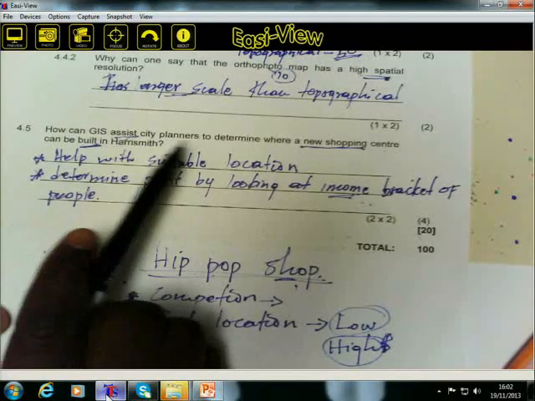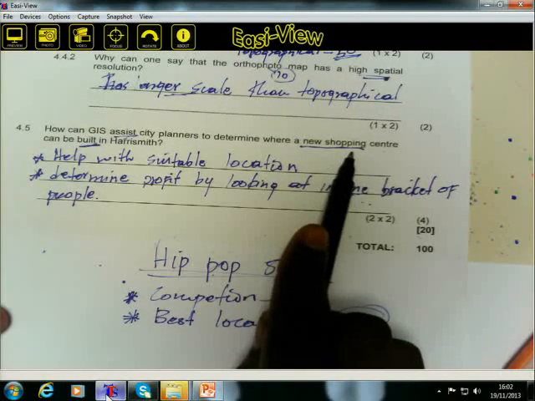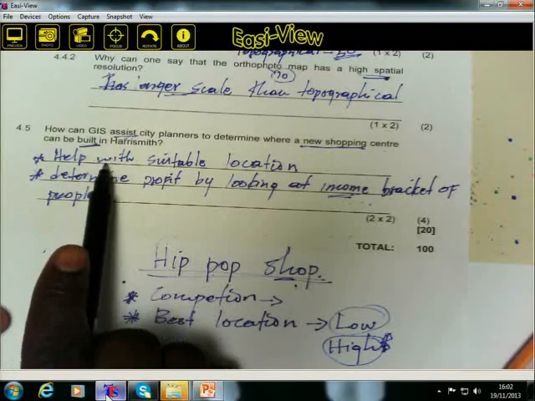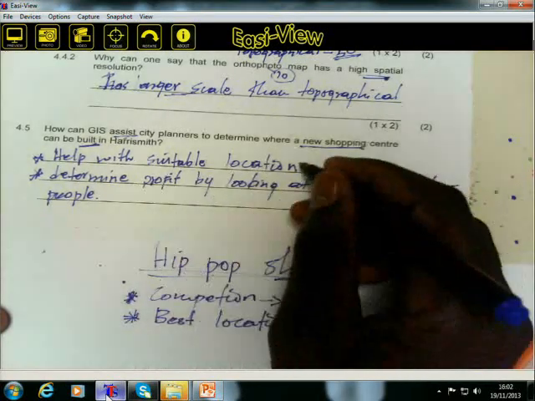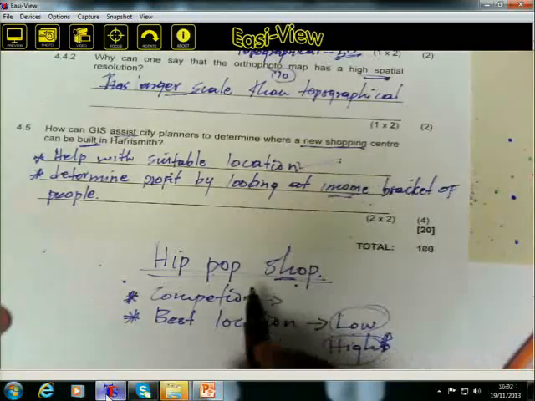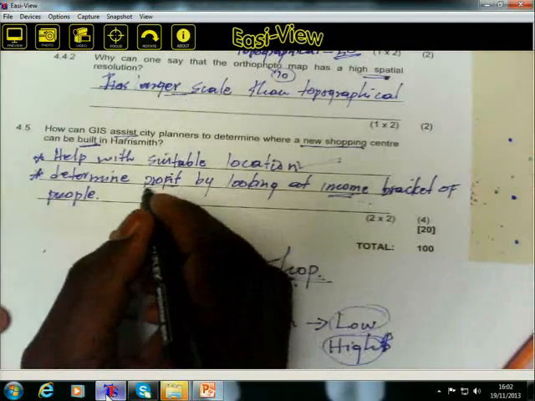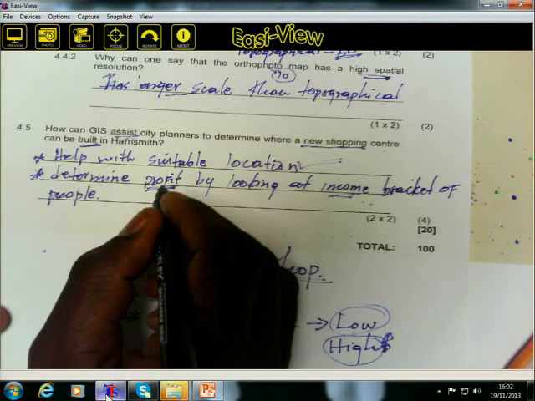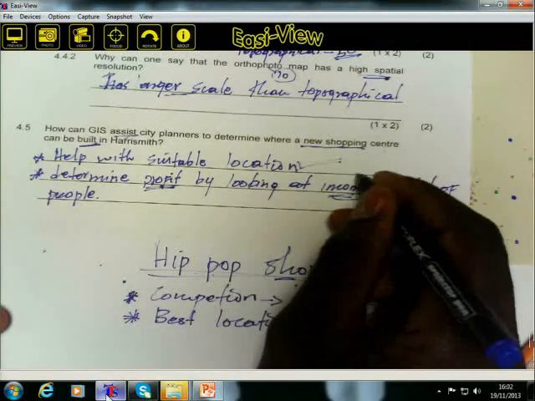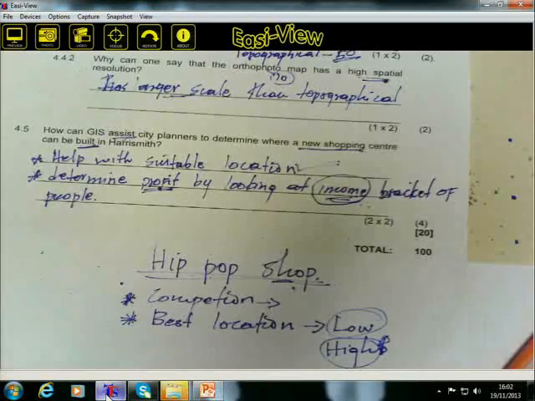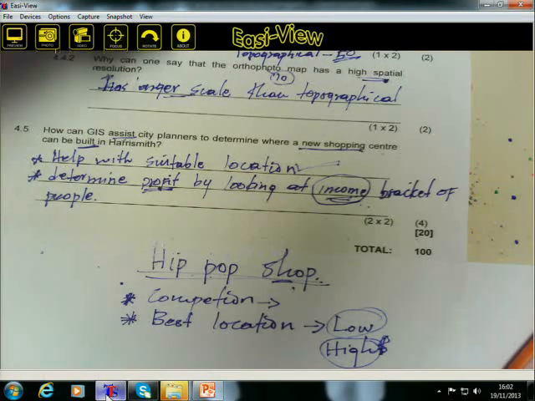How can GIS assist with a new shopping center in terms of building it? It will help, number one, with a suitable location. Now that location, for it to be suitable, it has to look for a profit. And for you to look at profit, obviously, you have to look at an income. Are those people able to have a buying power?